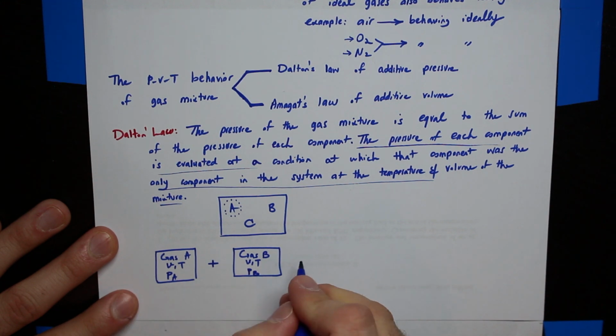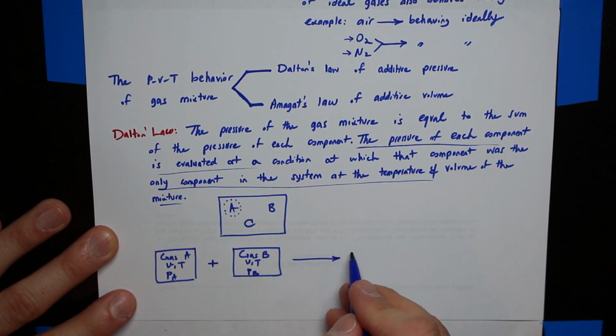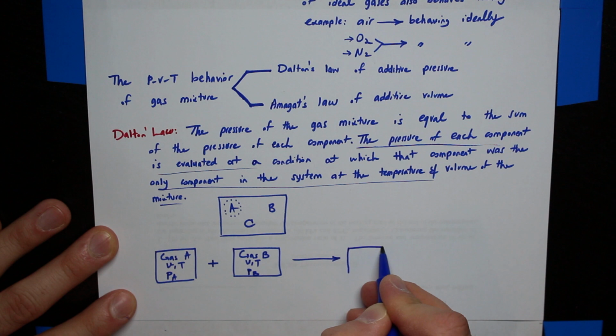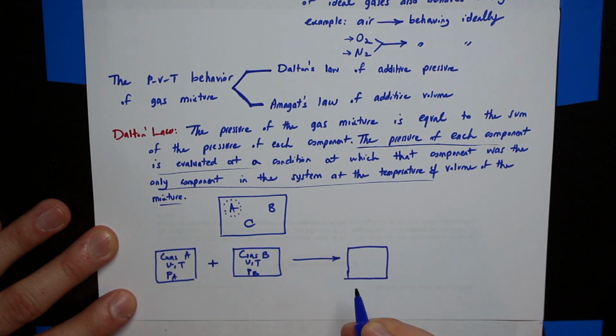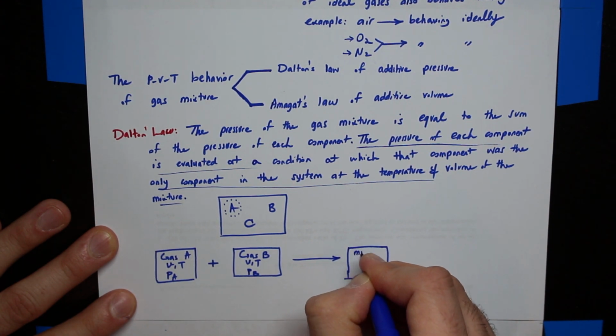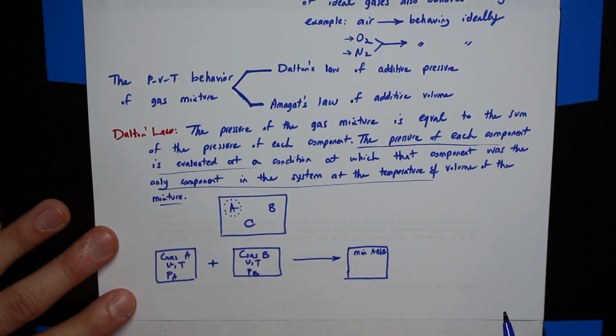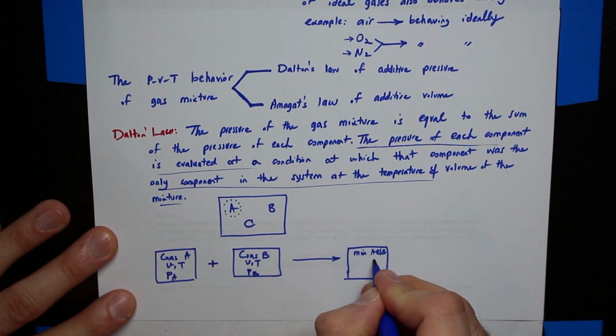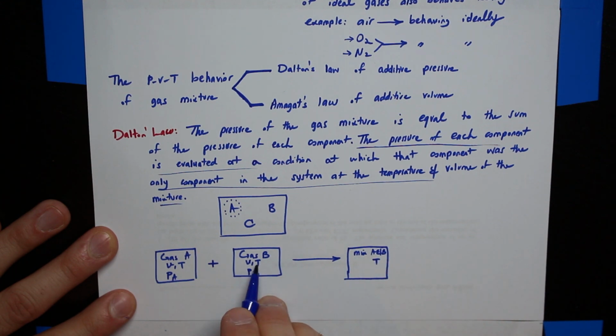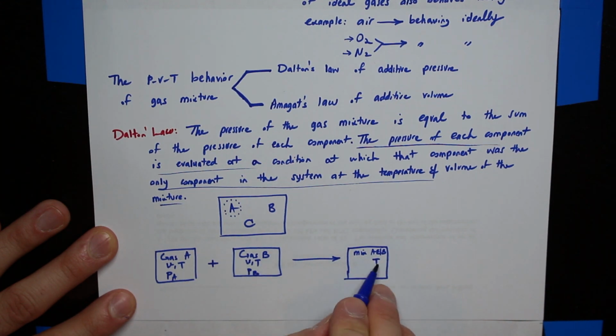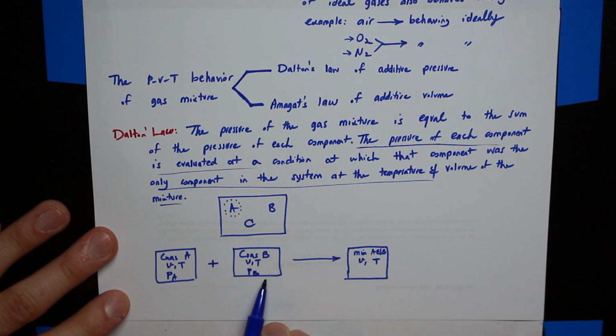Now the mixture of these two gives us another gas, which is the mixture of A and B. The temperature is still the same, and the volumes are also the same. The volume of this tank, this tank and this tank are all the same.